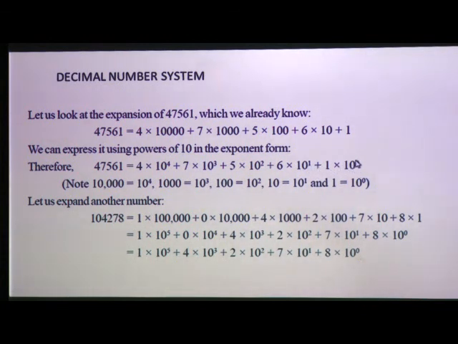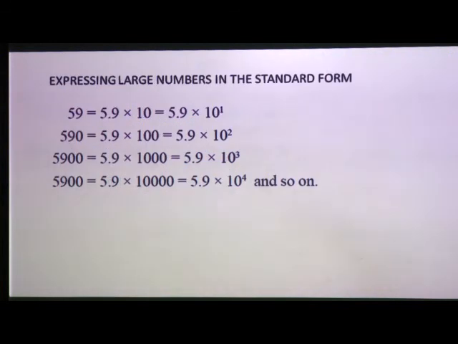You know 10 raised to power of 0 is always 1. So, we have written this in exponential format, and let us expand another number, a 6-digit number. In the same way, we have to write the exponential form of this number in the decimal system.